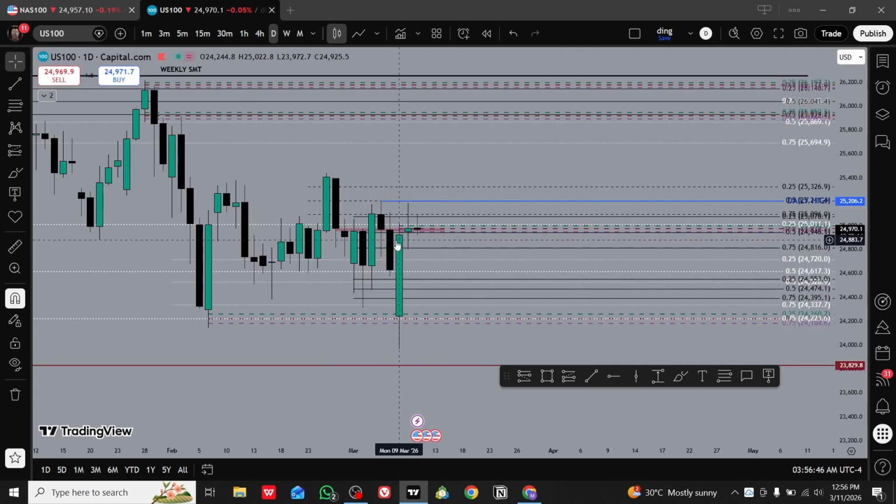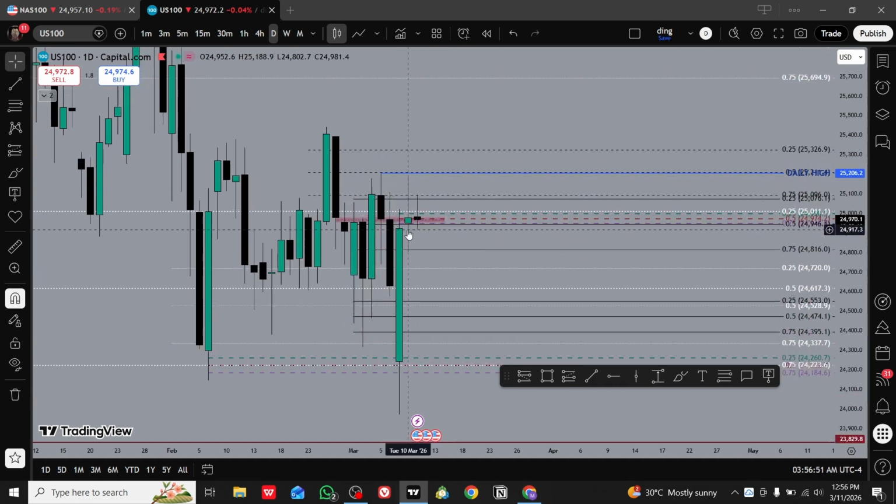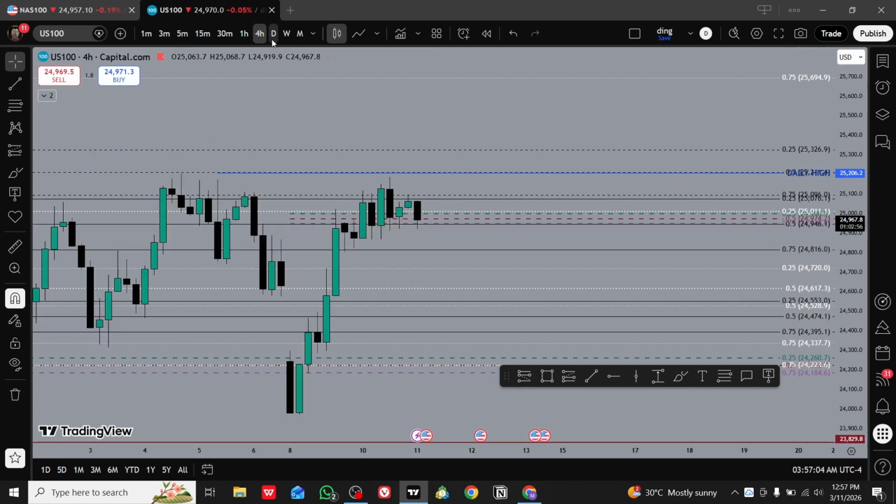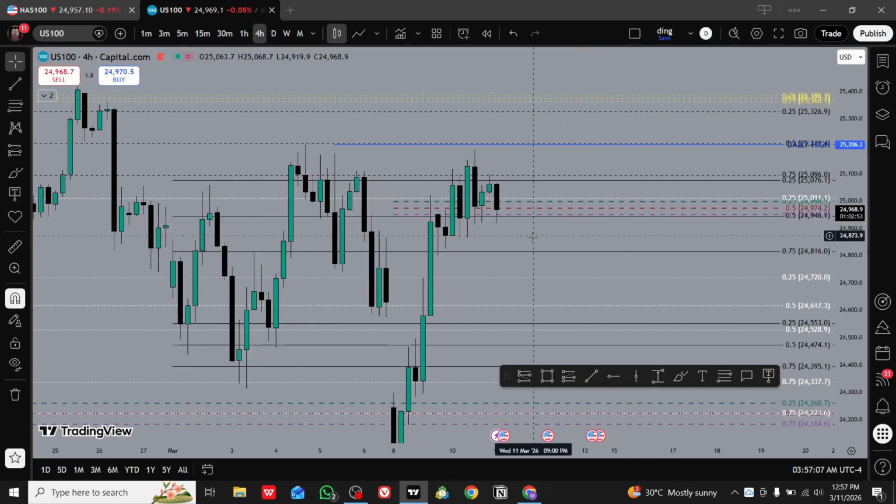On the daily chart, we're going to study this week or this candle, and I highlighted this recent week, this premium recent week, and yeah, I think that's it. It was not smooth price action.